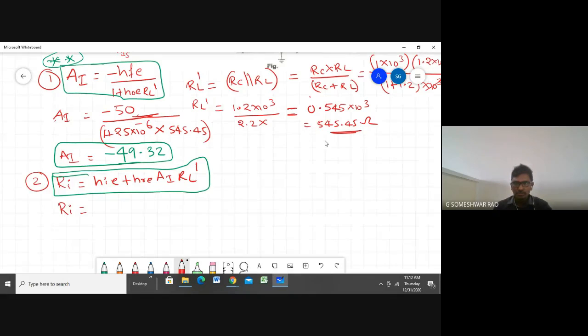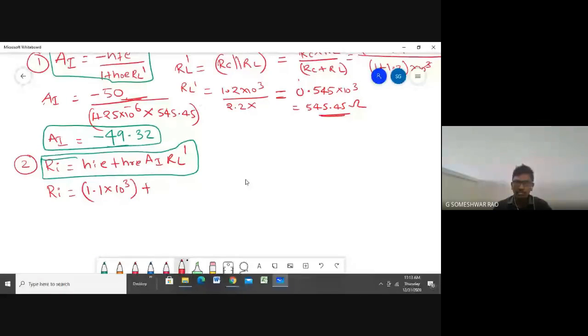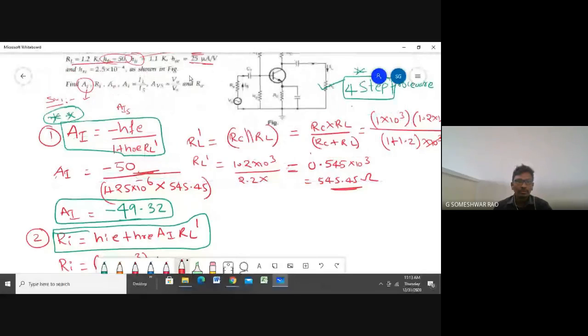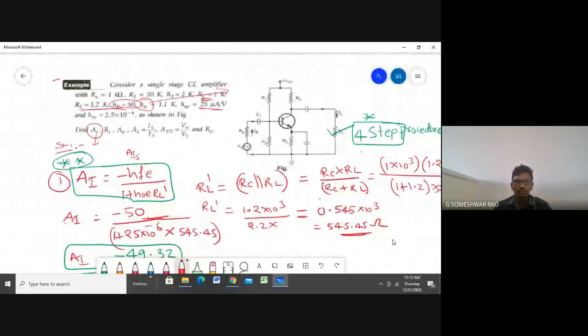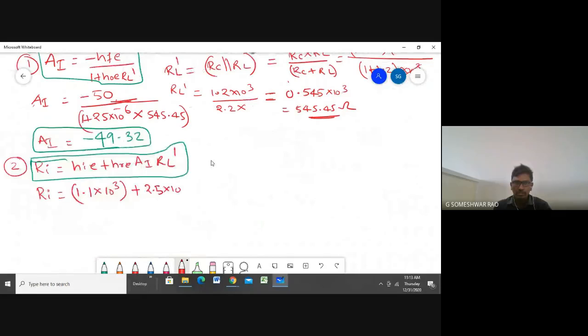Okay, now RI is equal to, what is HIE? Just go through the question. HIE equal to how much is given? 1.1k, so 1.1 into 10 power 3 we have to substitute, plus HRE. So what is HRE? HRE is mentioned as 2.5 into 10 power minus 4 into AI. Just now we have calculated that is minus 49.32.